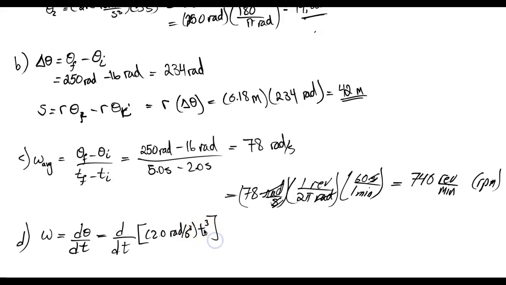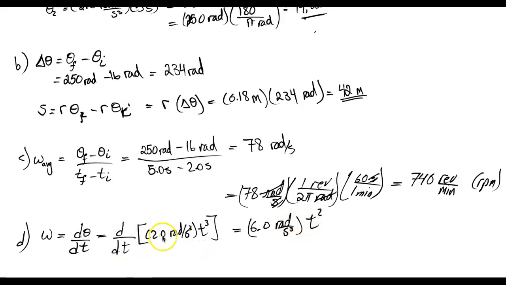And notice that only the t is a variable here. So this is going to give us 3 times the 2 will give us 6.0 radians per second cubed times t squared, right?